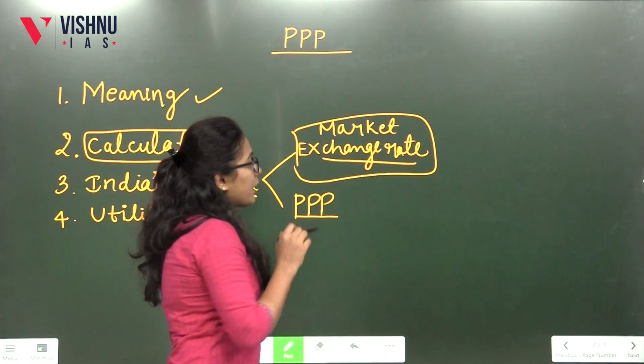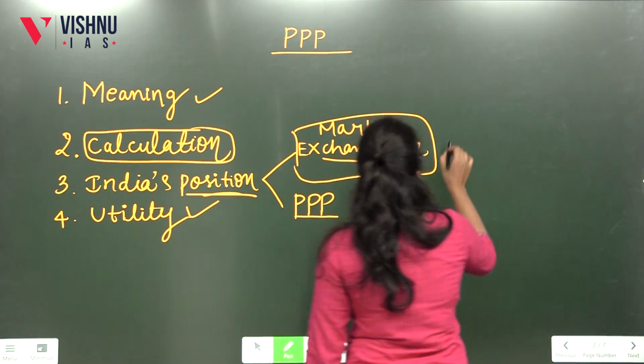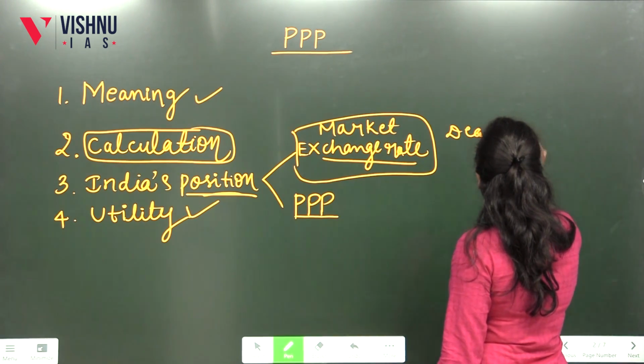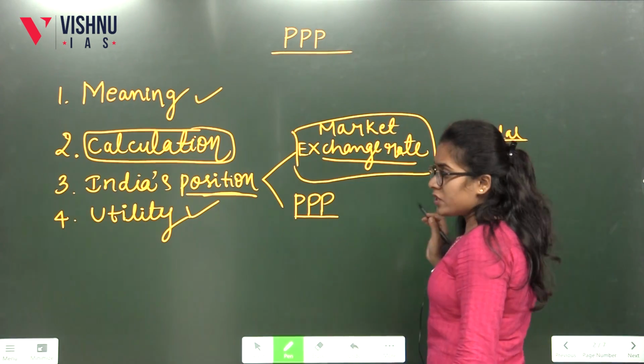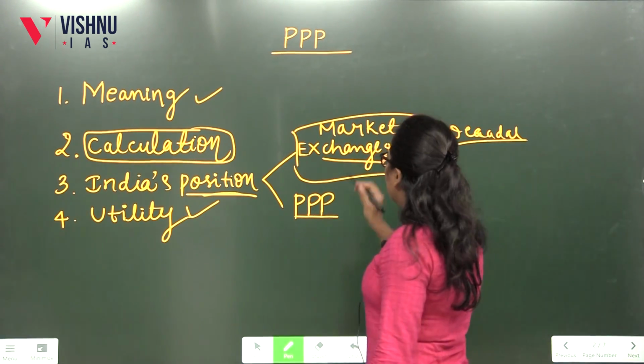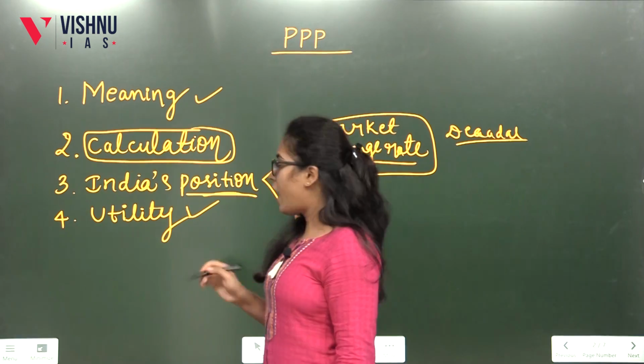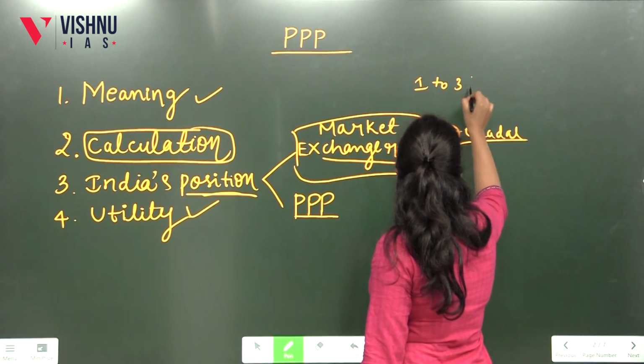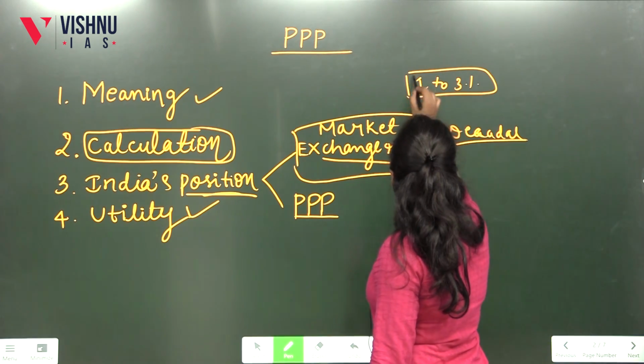In market exchange rate, I will take decadal growth. In terms of market exchange rate, India's GDP growth was hardly 1 to 3% over the decade.